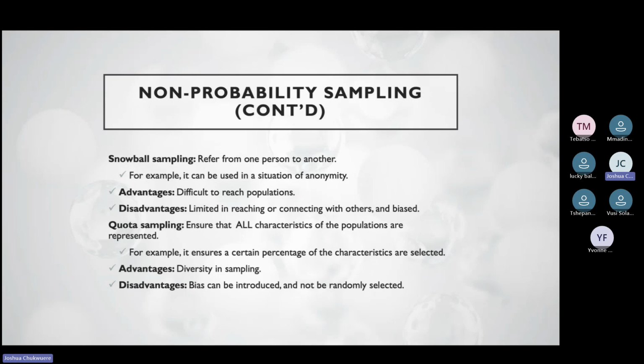Because you have defined the criteria, based on quota level of selection, you are looking at a certain percentage of the characteristics being represented in your study as a whole. We can also bring diversity in your sampling. We can also bring about bias, and then not being randomly selected.